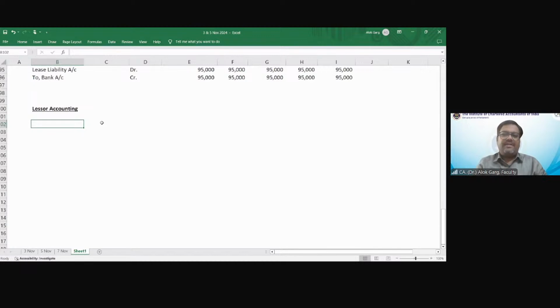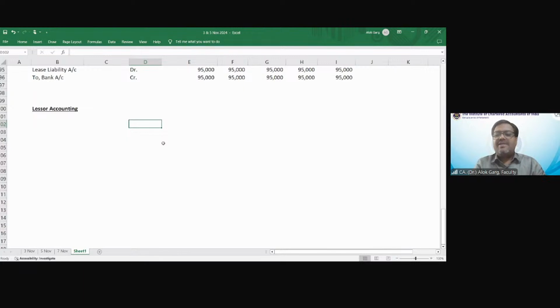I have a question here. Let's say in a few scenarios there are upfront lease payments. Let's say a lessee has taken land from a government authority for a period of 10 years, and the authority asked for an upfront payment of rupees 10 lakh.